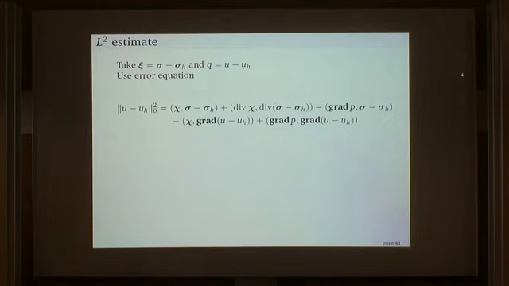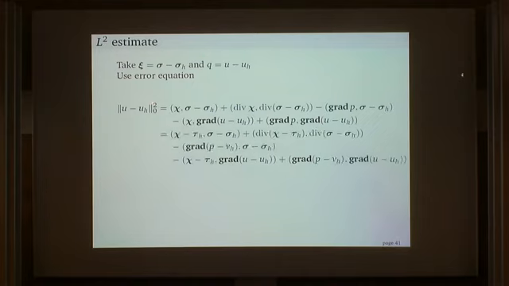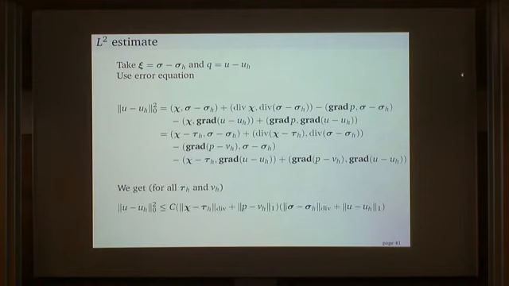Then you do the standard duality argument by taking the test functions equal to sigma minus sigma h and u minus uh. You start from the left with the norm of u minus uh in L2 squared, which is the term that you want to estimate. You use the error equation by adding the best approximation tau h and vh in your spaces. Then you use the bound that you proved before, and you bound this in terms of the product of these two.